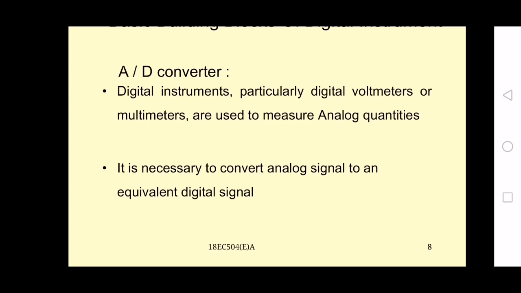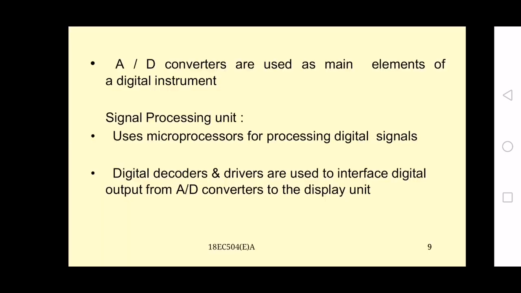Digital voltmeters or multimeters are used to measure analog quantities. It is necessary to convert the analog signal to an equivalent digital signal by the analog to digital converter. So A to D converters are the main elements of digital instruments, and the second one is the signal processing unit.